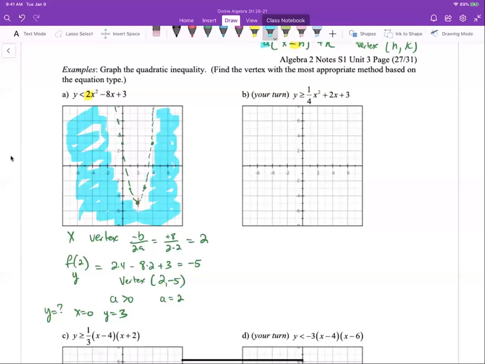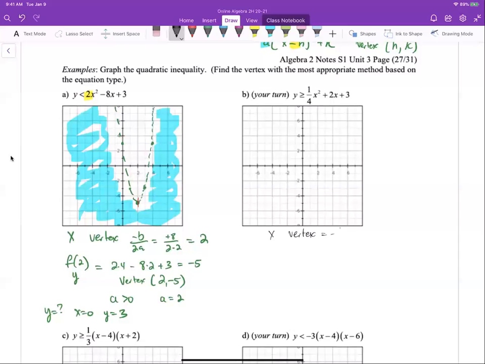Okay. All right. Next, once again, this is in standard form, and so the method that you would use is to find the x coordinate of the vertex. So what is the x coordinate of the vertex?